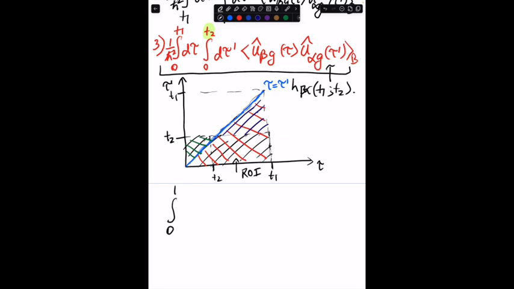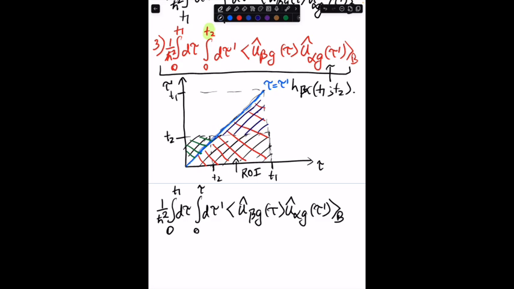So 0 to t1 d tau, 0 to tau d tau prime of this function: 1 upon h bar squared, with u hat beta g tau and u hat alpha g tau prime. I'll refer to this as the red contribution.